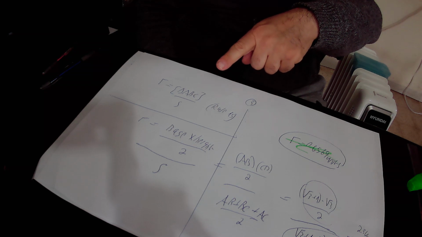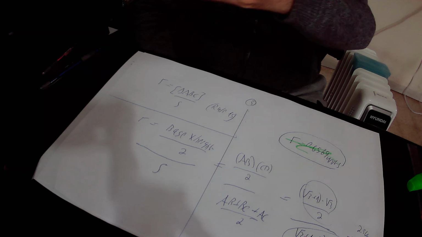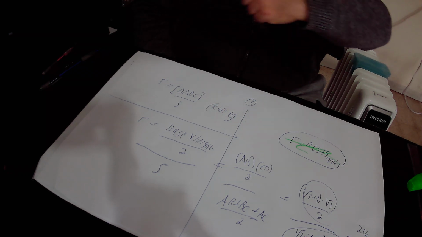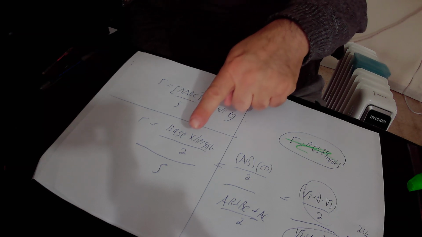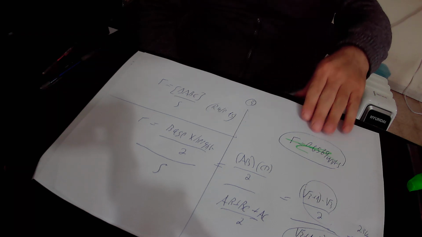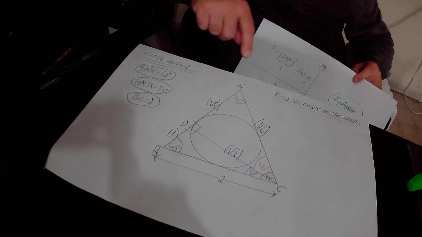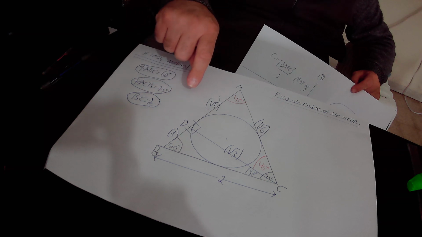So the radius R equals the area of triangle ABC. The area of any triangle equals the base times the height over 2. The height must create 90 degrees with the base, all divided by S, the semi-perimeter of the same triangle ABC. So here we took the base of triangle ABC as AB, and the height is DC.